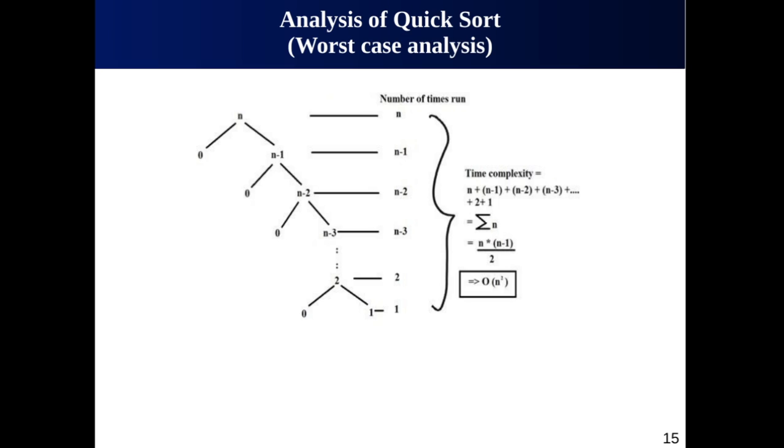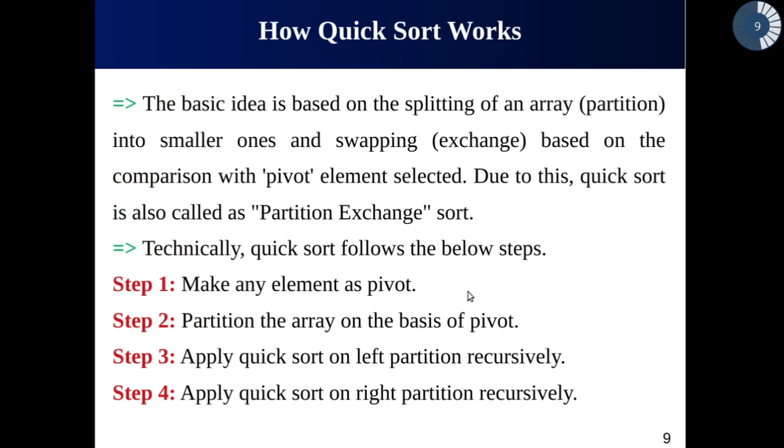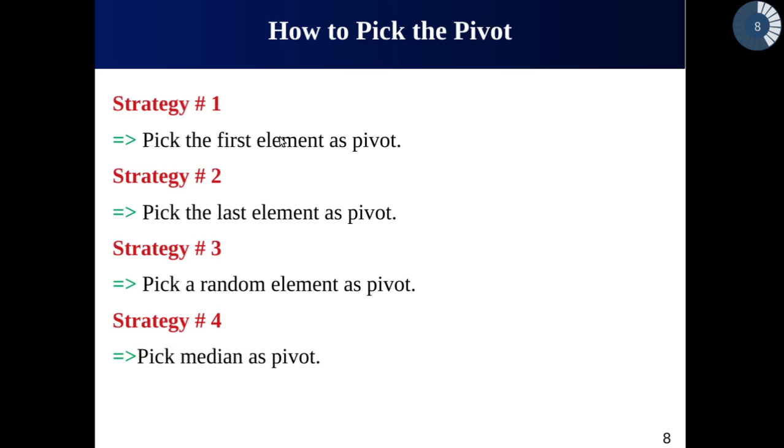If you select the first element to be the pivot, then there is a problem which may occur. If the array is already in sorted form, then the partition is not even. All the elements are going to be on one side, while the second part of the division will contain no elements, 0 elements.